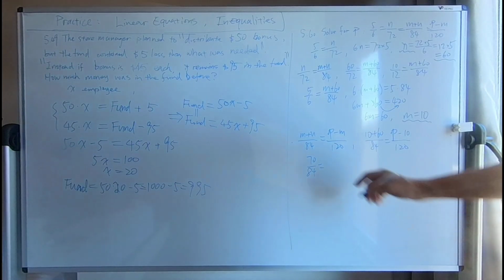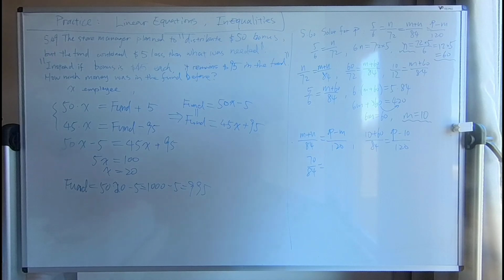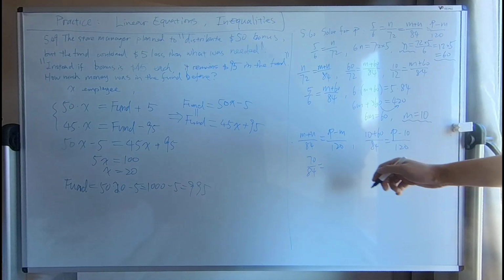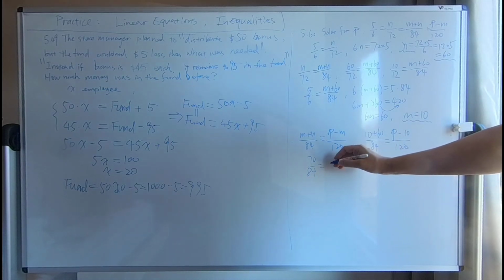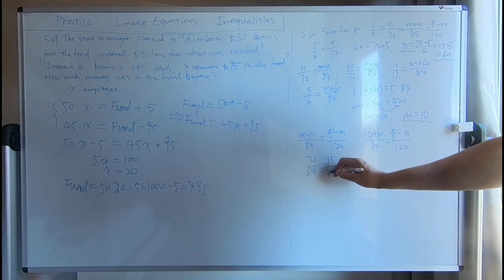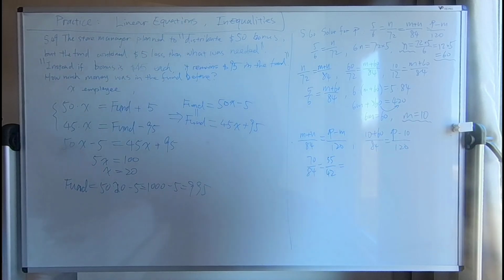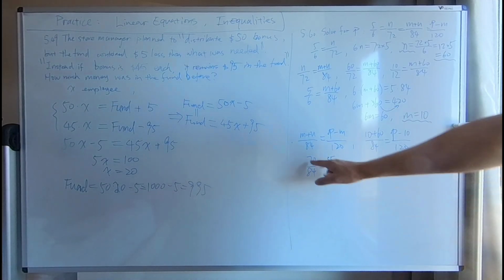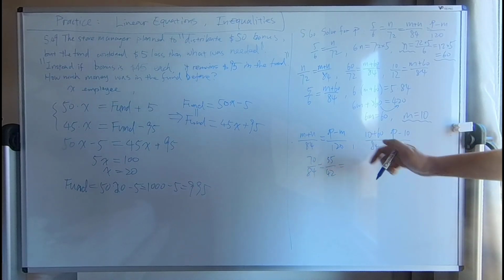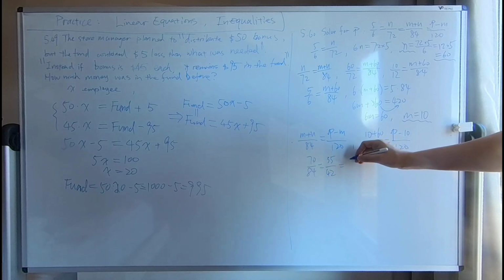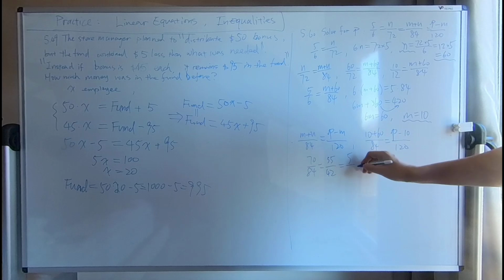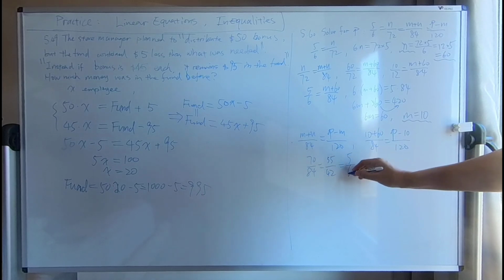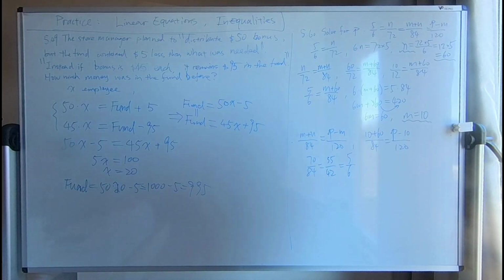I can at least divide this by 2. 35 over 42. In fact, there's a factor of 7. I should be able to see it from the very beginning. So anyway, that can be further divided by 7. 35 by 7 is 5, 42 by 7 is 6. So this can be simplified as 5 over 6.